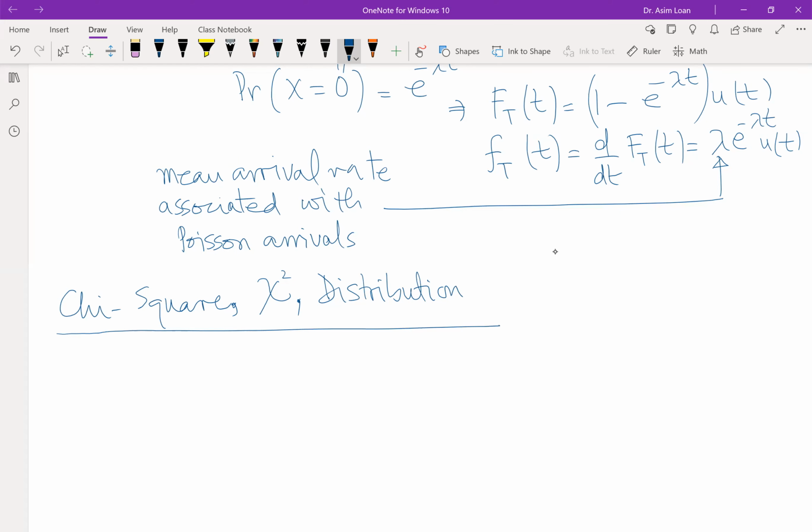So for the chi-square distribution, your lambda is half and your eta is n by 2. So n gives you the degrees of freedom. N is a positive integer.